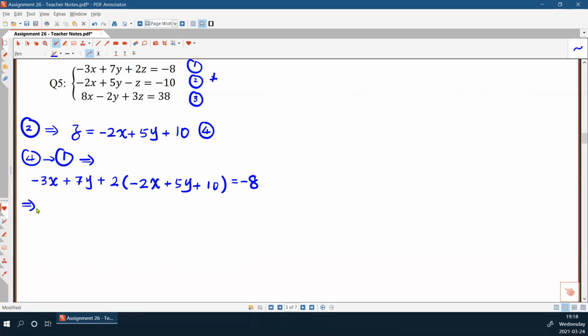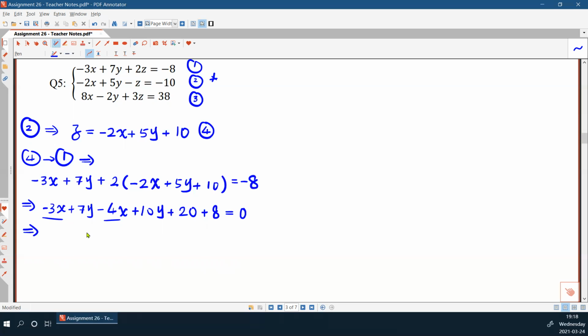Okay, so let's simplify this new equation. Minus 3x plus 7y. Pay attention to the signs here, okay? When you use the distributive law, pay especially attention to the signs. So here we have minus 4x plus 10y plus 20. Okay, plus 8 equals 0.